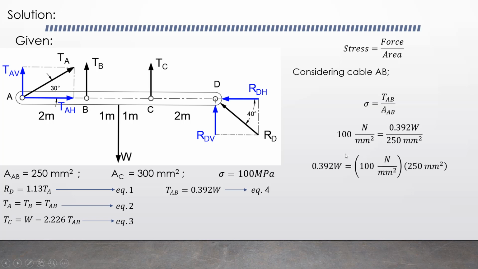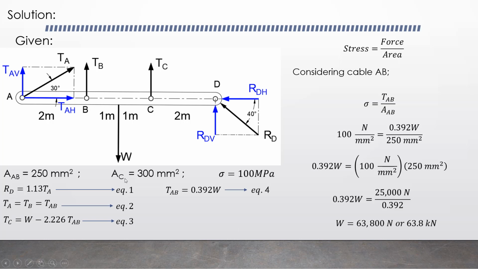Then we just cross multiply and simplify our equation. Okay? And from that, we can calculate the value of W, or the weight of the bar, which is equal to 63,800 Newton or 63.8 kilonewton.